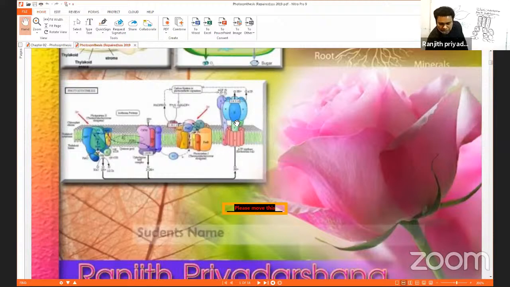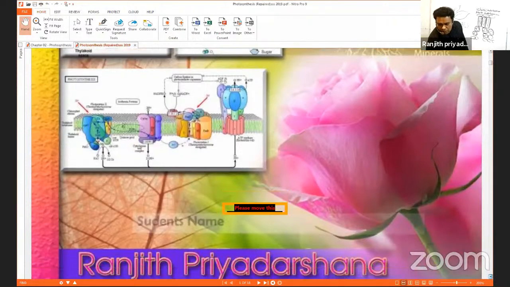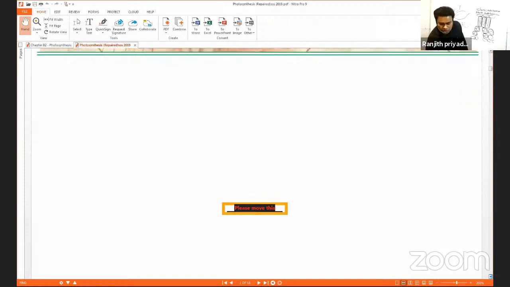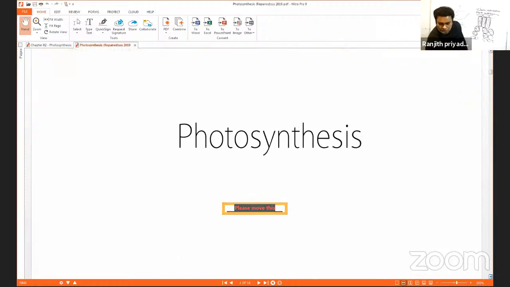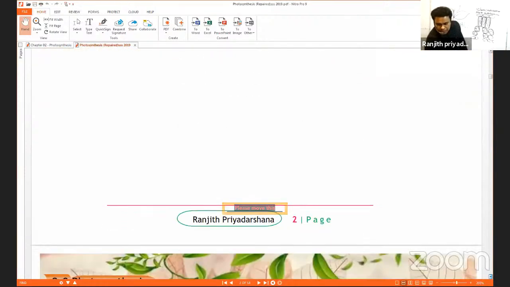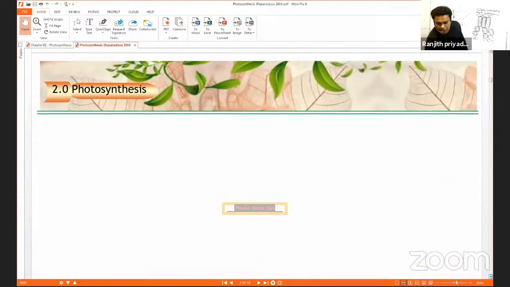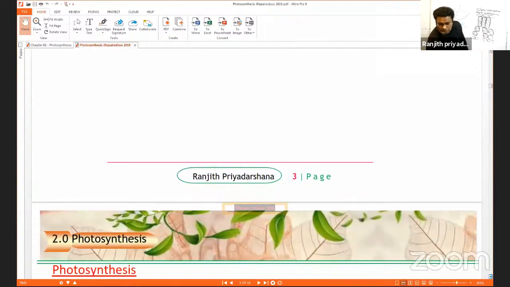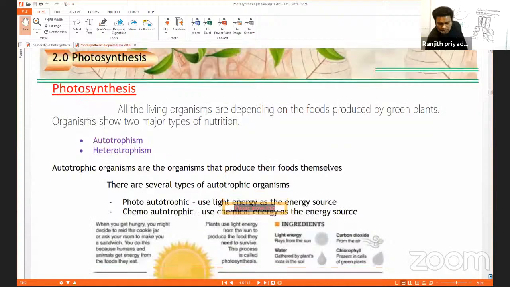I have described to you several times what this plasma membrane is. This is how your tute is. I have already sent it to your WhatsApp groups. Yes, look at this.